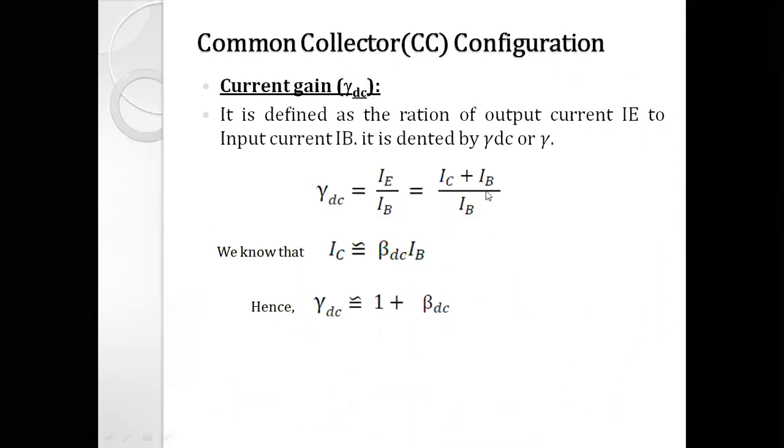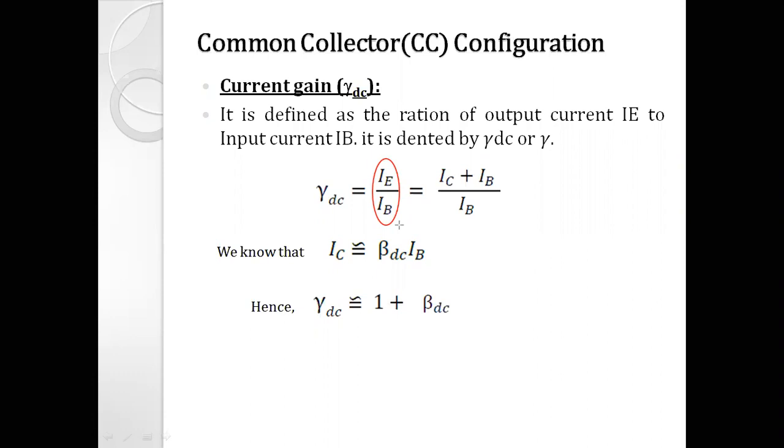The current gain for this configuration: here the output current is the emitter current and the input current is the base current. So the current gain is the ratio of output current to input current, that is IE divided by IB, and the current gain for this collector configuration is denoted by gamma DC.